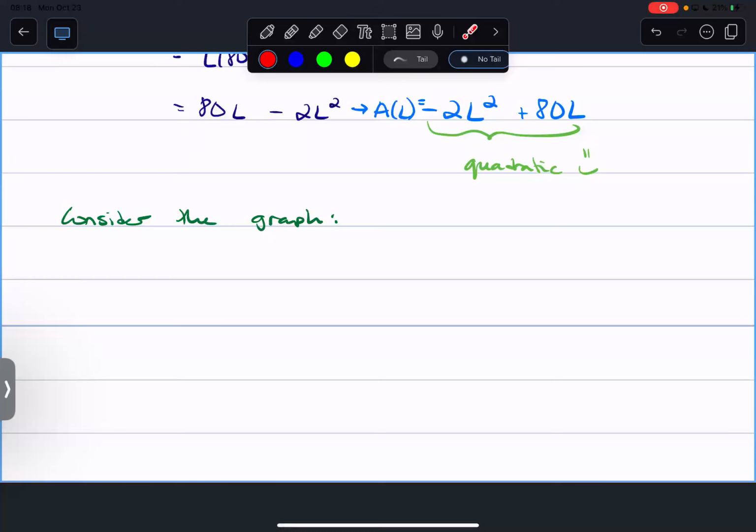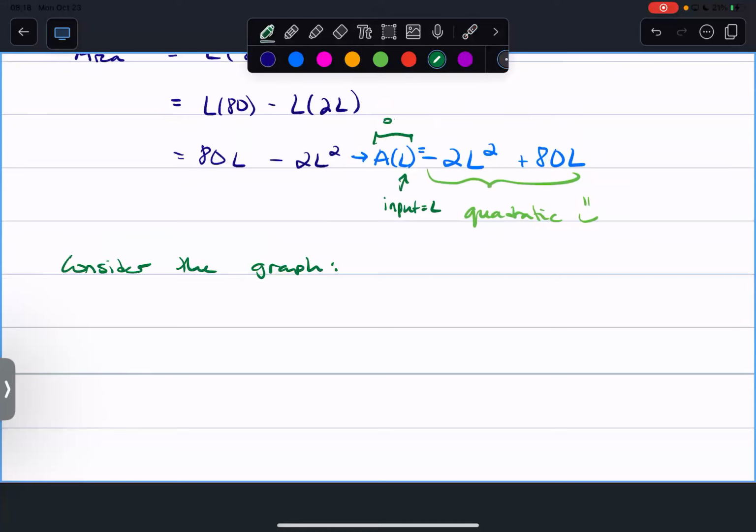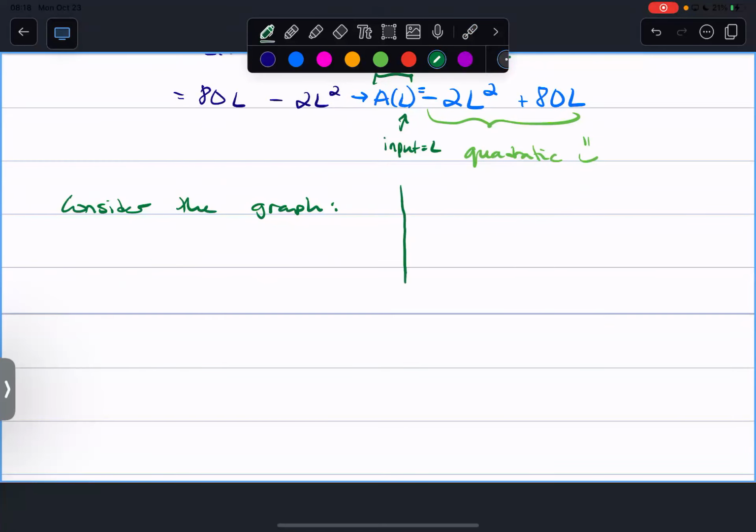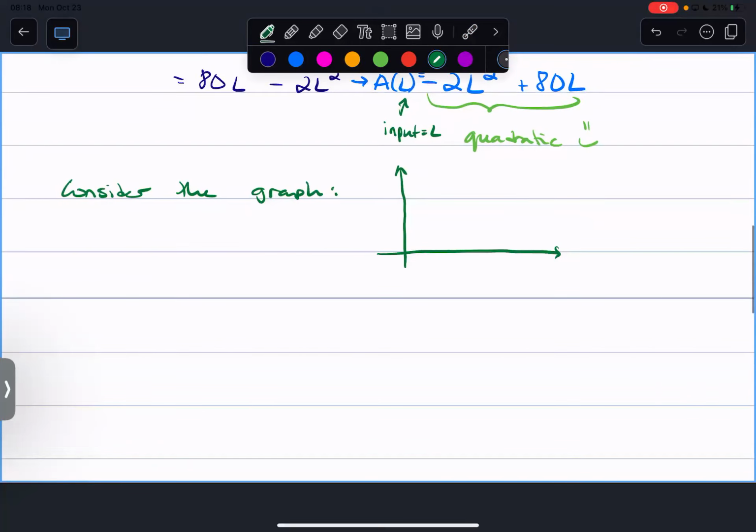What's our input? Our input is the L. So here we have the input is L and the output is the area. We have L as the input and the area of L as the output.